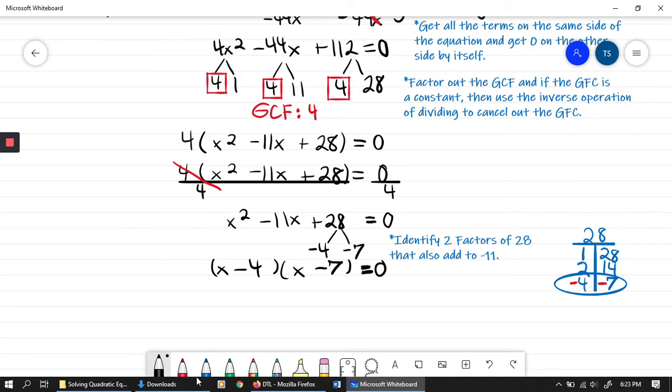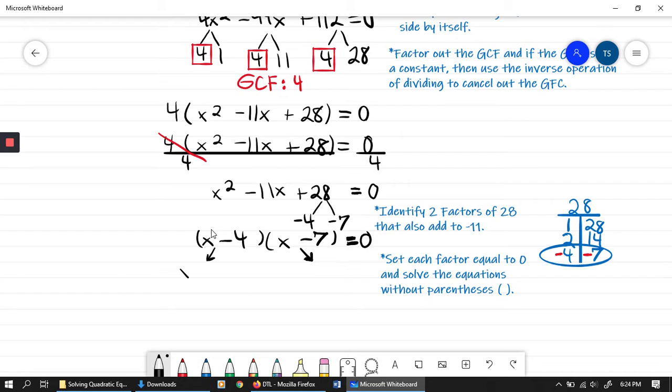And so we need to use that zero product property and set each factor equal to 0 and then solve each equation. So when we do that, we get x minus 4 equals 0 and x minus 7 equals 0.